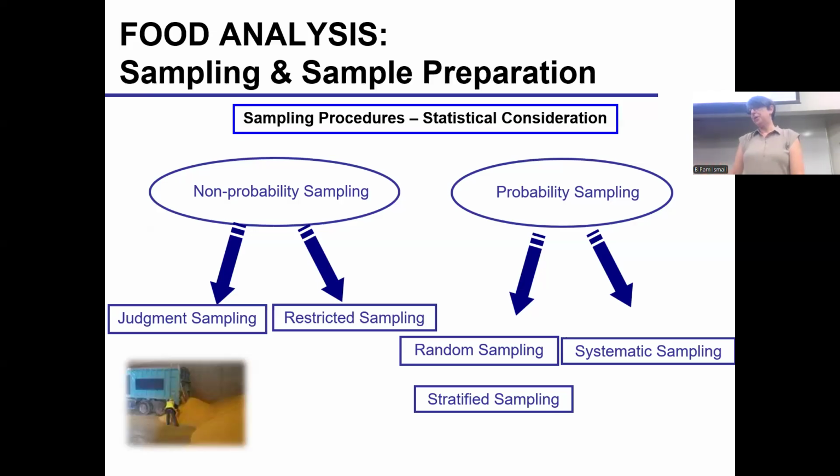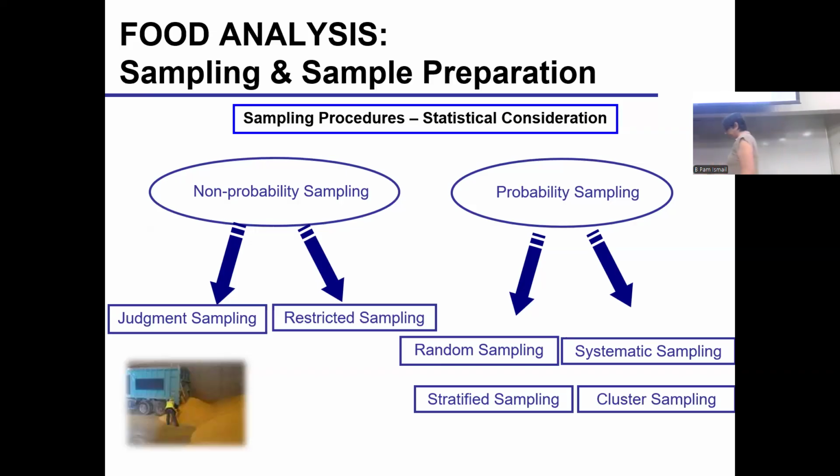That's one example. Another example, you have one company, but you have two shifts. People working the day shift producing a certain amount of sample, and let's say the night shift producing another amount of sample. So you will have two, each would be one strata. Then you would take random samples from each shift. That's called stratified sampling.